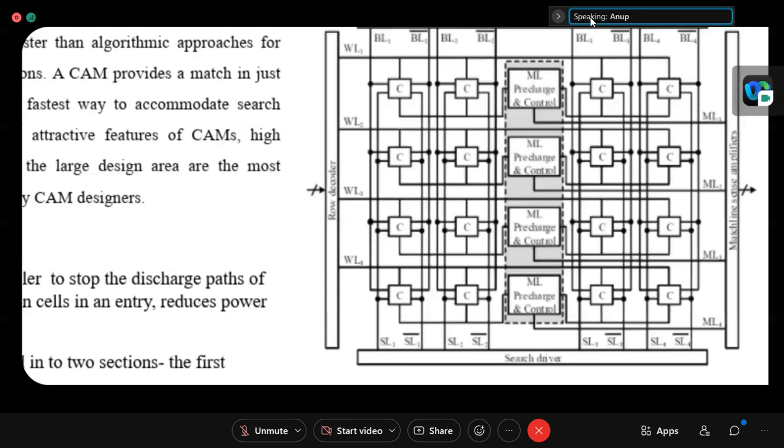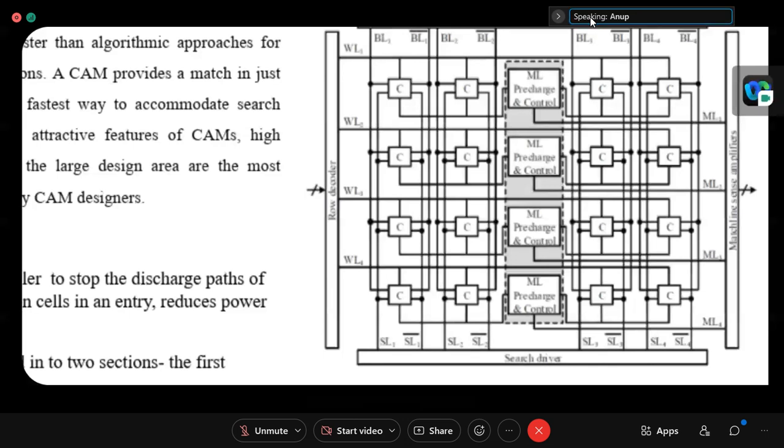So we can put this ML precharge and control somewhere. On the left side it will be checking something, and on the right side the cells will be checking matching or mismatching. If we can do it in parallel, and from both sides the data come into the middle ML precharge and control circuit, then it will take decisions. So we can reduce time, at least we can make it half.